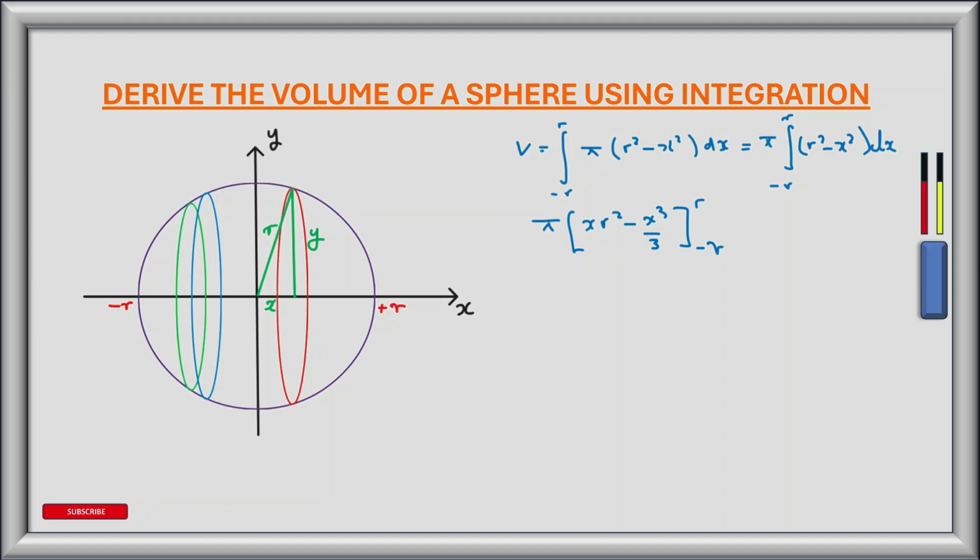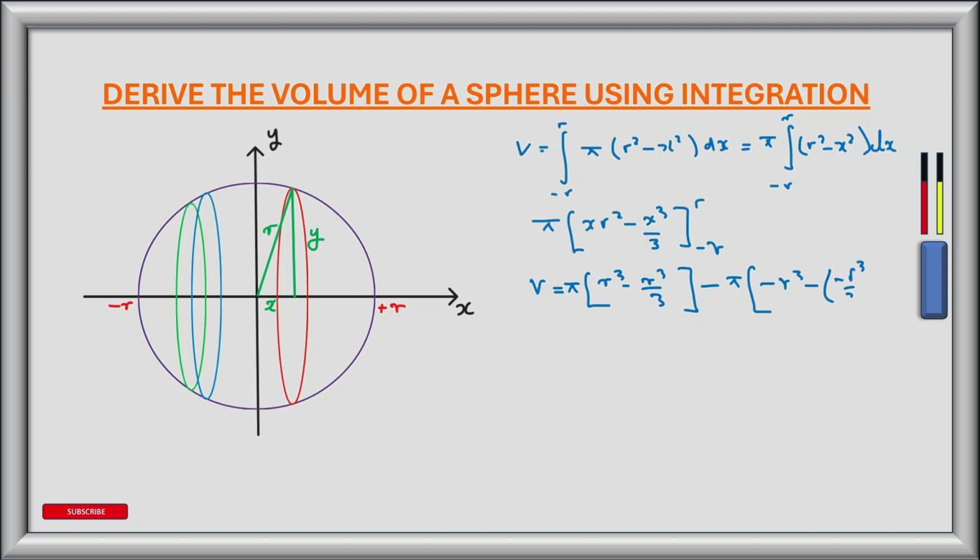So when we put our values of r and minus r in, we get our volume is equal to, plugging in r, we get r cubed minus r cubed divided by 3, and that's multiplied by pi, of course, minus pi multiplied into, and if we put our negative r in, we get minus r cubed minus r cubed divided by 3.